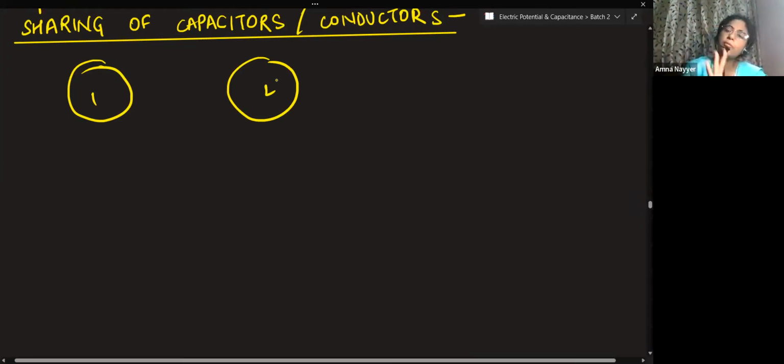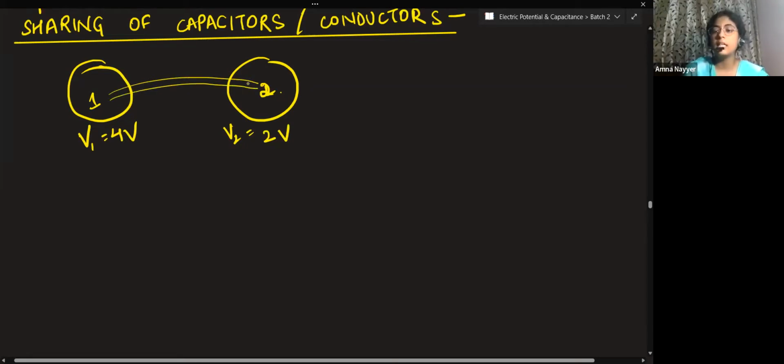Now both of them will have their certain potential. Let's say the potential of the first is 4 volt, and the potential of the second conductor is 2 volt. Now see, if both of them are connected together, then charge will flow.